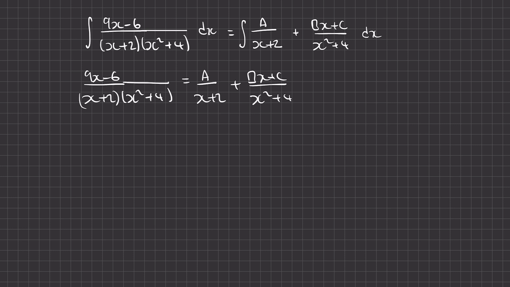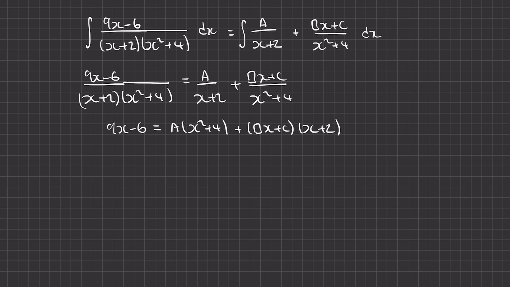And now I'm going to multiply every term by this denominator, and it will cancel off the left-hand side. So we have 9x minus 6 is equal to a lots of x squared plus 4 plus bx plus c lots of x plus 2.